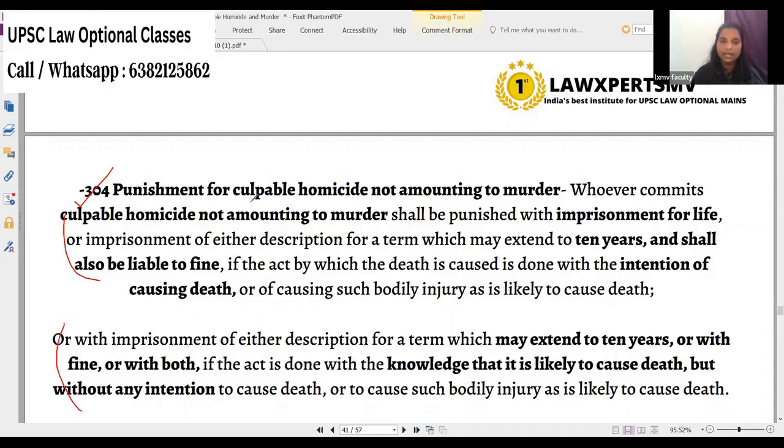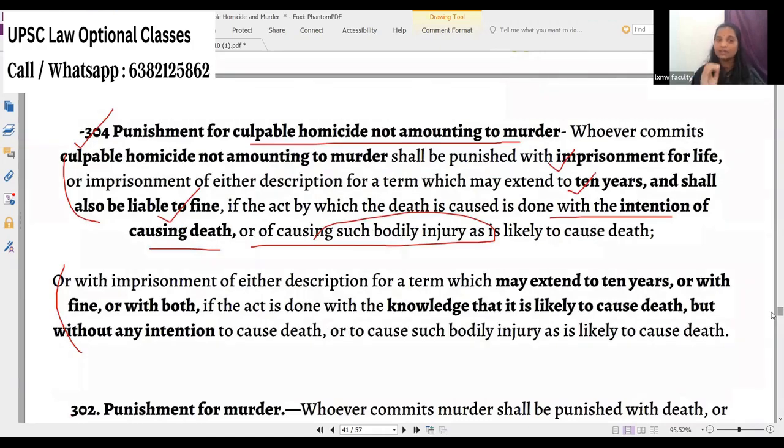So if you commit a culpable homicide not amounting to murder, with the intention of causing death or with the intention of causing such bodily injury which will result in death, then you can be given life imprisonment, or imprisonment running up to 10 years, or also fine.